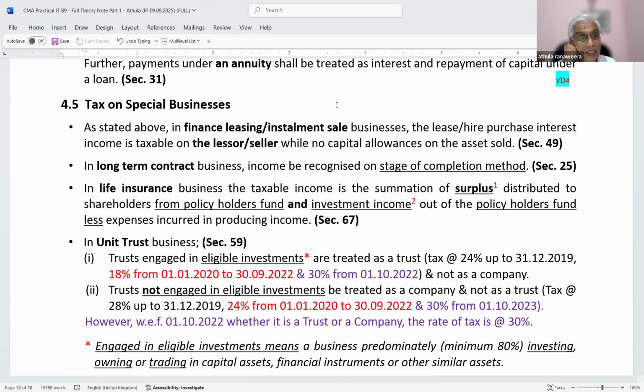Right. Then, in life insurance businesses, the taxable income calculation has a formula. Now, life insurance, when we pay our insurance premium, that premium contains future saving as well as risk coverage. Both are included in an assurance policy. Life insurance, though we call it life insurance, is an assurance policy.